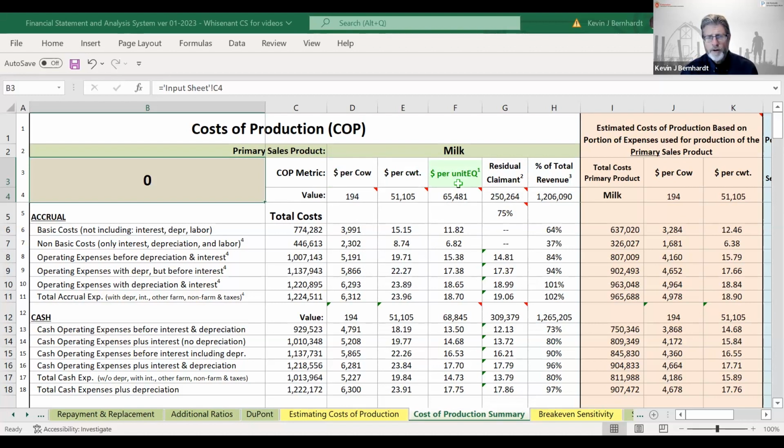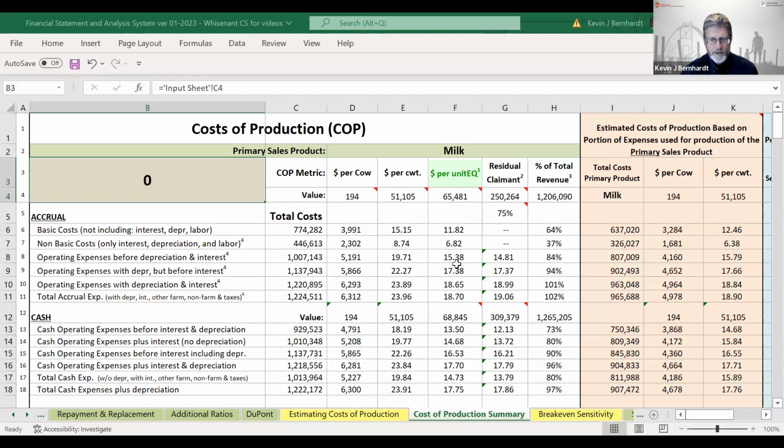This thing called per unit EQ stands for unit equivalent. And unit equivalent is a mathematical way to try to make an adjustment for those non-enterprise costs of production. So in this particular case study, the main enterprise we're looking at is a dairy producing milk, but they also have some corn sales. They also have some soybean sales.